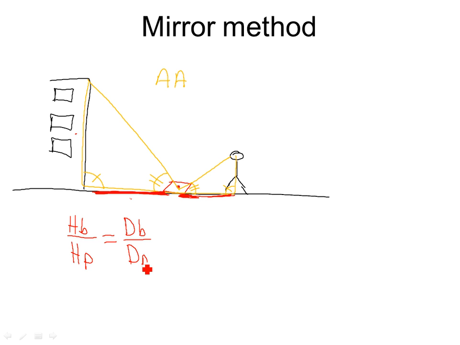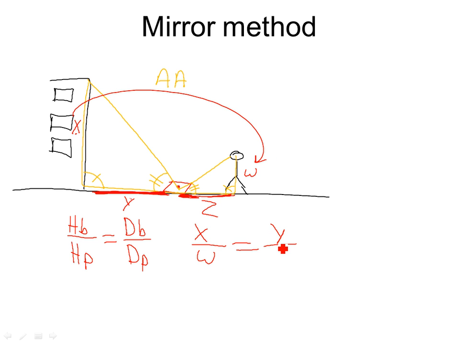So if I put some letters in there, we'll go X, Y, Z, W. Our proportion is just going to be X compares to W, the same as Y compares to Z.